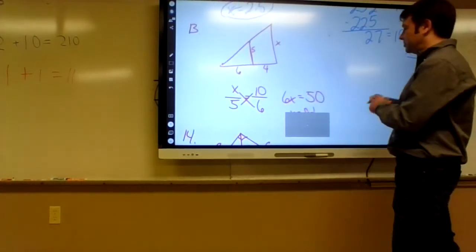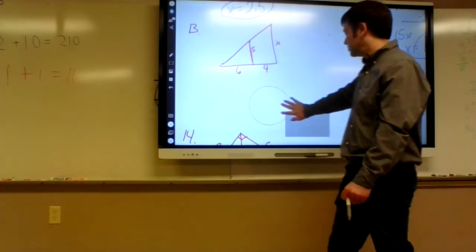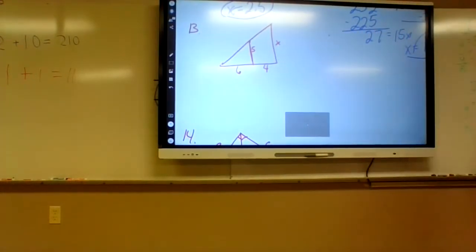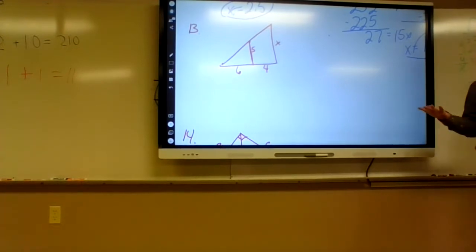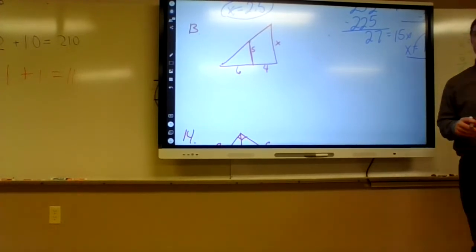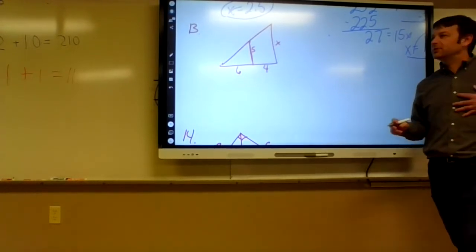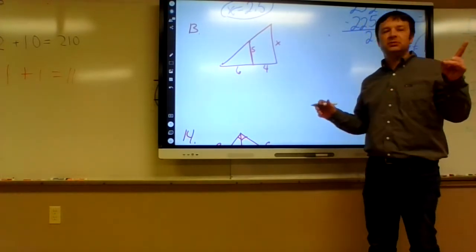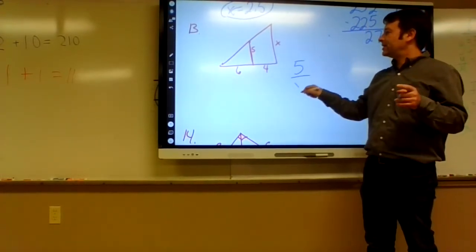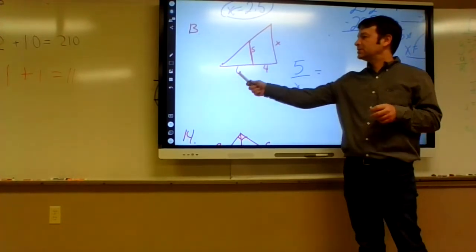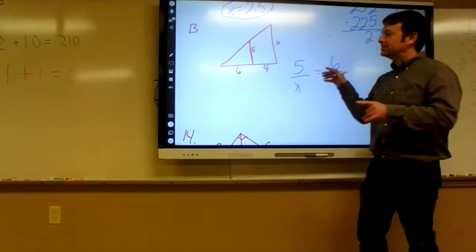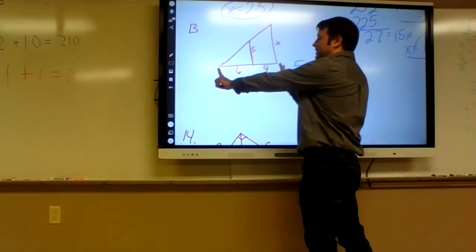Okay, this one actually is supposed to go with the word problem, but on the word problem they also drew a picture to help us. It does have a little trick. We've already seen the little trick twice today, so maybe you'll get it this time. Who wants to try to set this one up? 5 is to x as 6 is to 10.